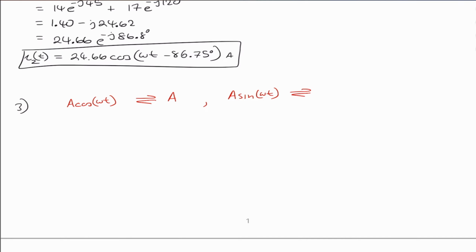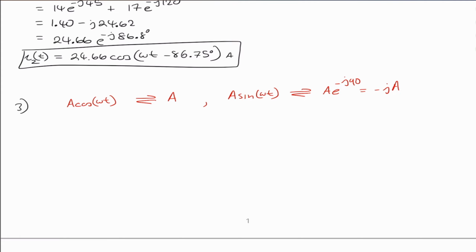In the phasor domain, that's going to equal a times e to the negative j 90, because we're dealing with degrees, negative j pi over 2. That can simplify to minus j times a. So we're going to use both of these expressions to simplify that.